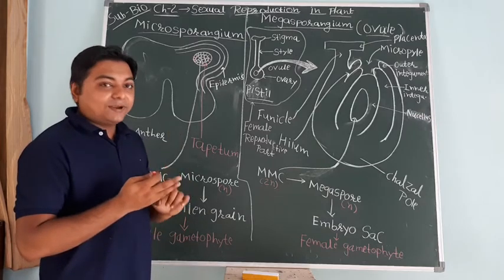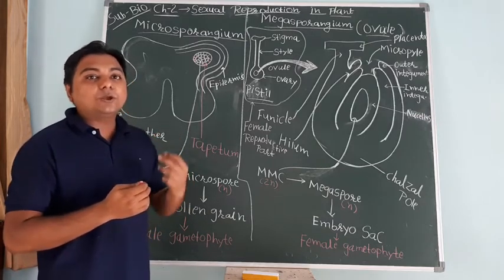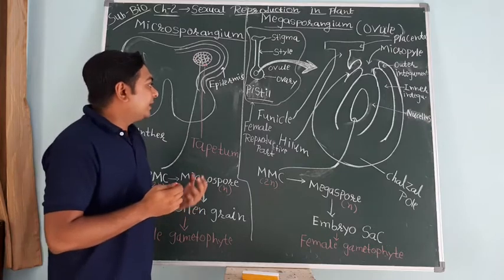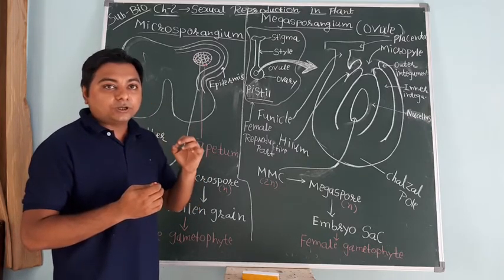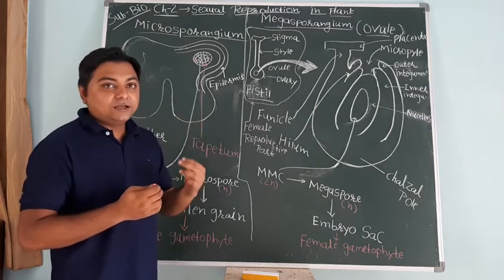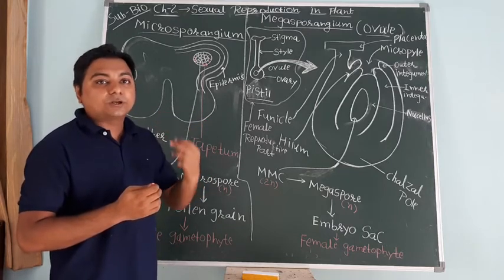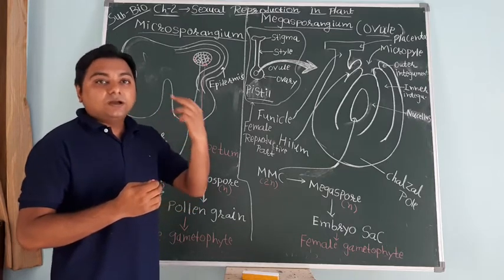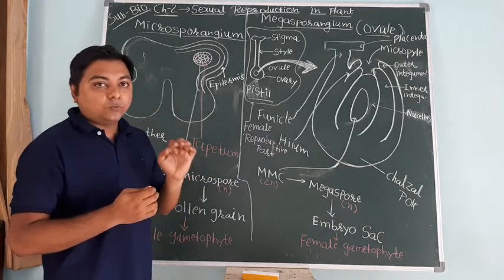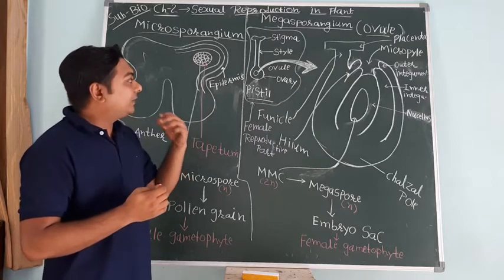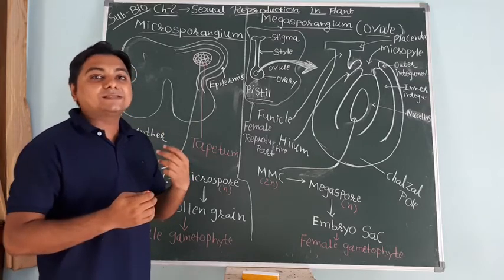But stamen and pistil are the reproductive parts of a flower. Stamen is the male reproductive part which produces male gametes, and pistil is the female reproductive part which produces female gametes. The group of stamens is known as androecium, and the group of pistils is known as gynoecium.